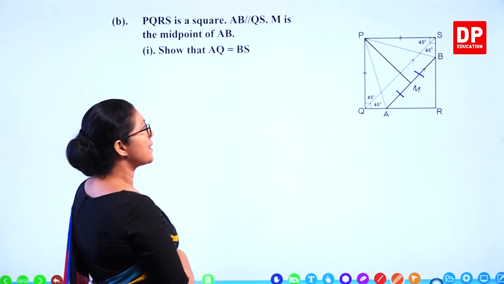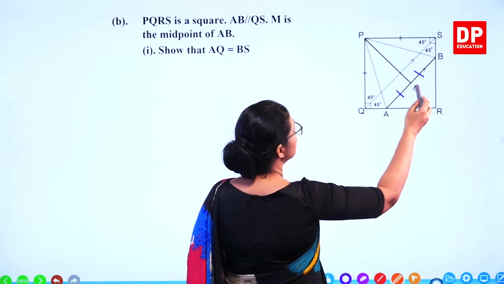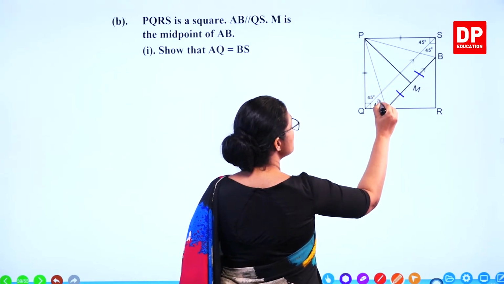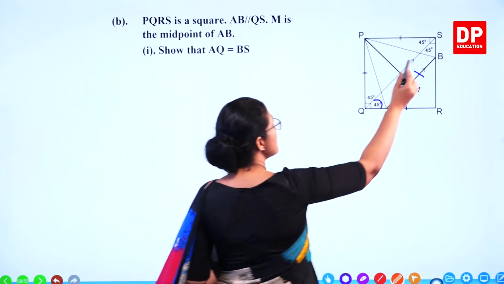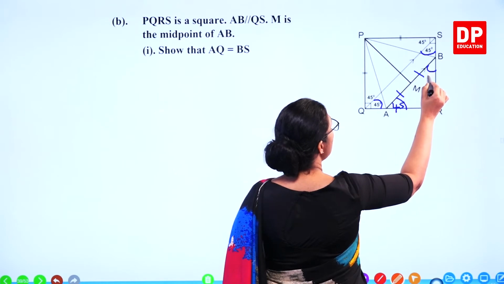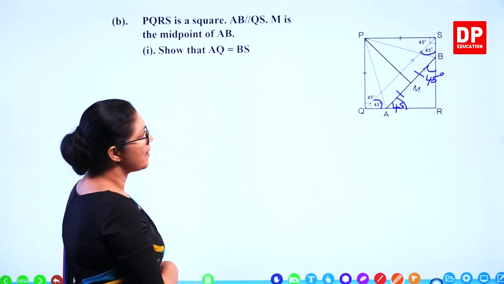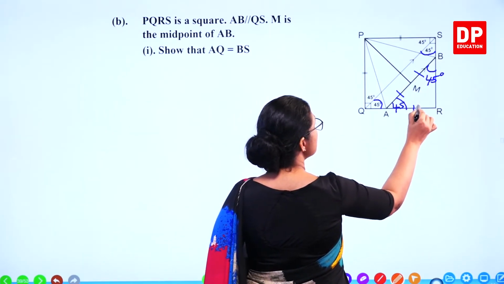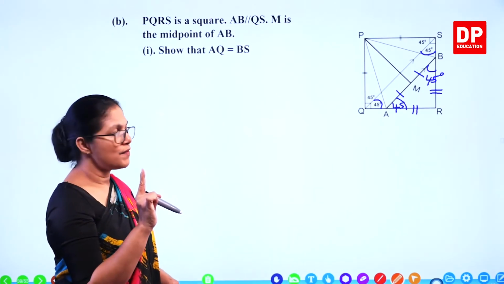So when you take this triangle, now these two lines are parallel. If this is 45, this is also 45. And this is 45 means this is also 45. Why? Corresponding angles are equal when the two lines are parallel. This is 45 and this is 45 means this length is equal to this length. Now easily we can show the first part.